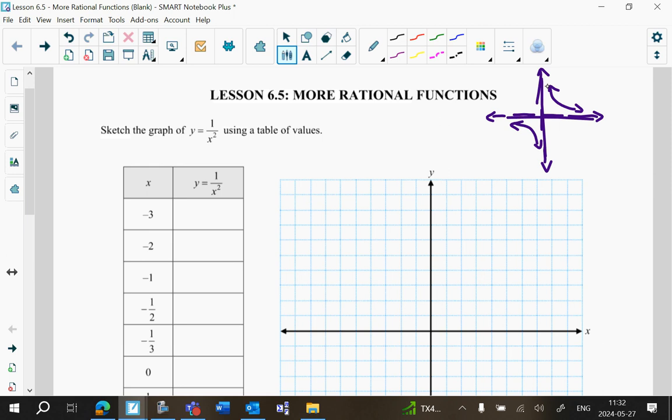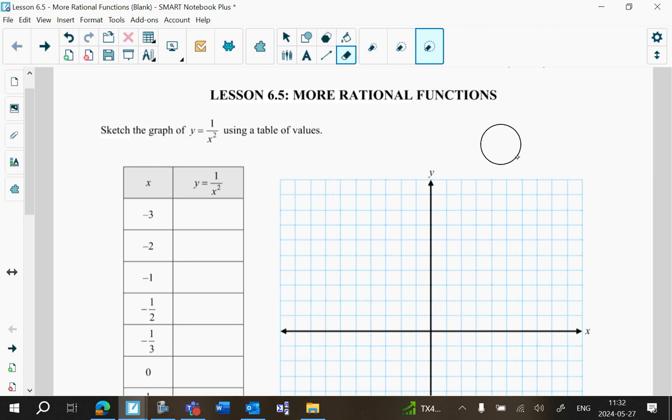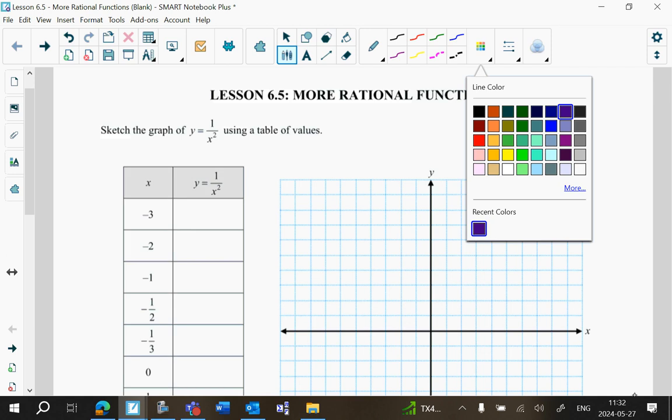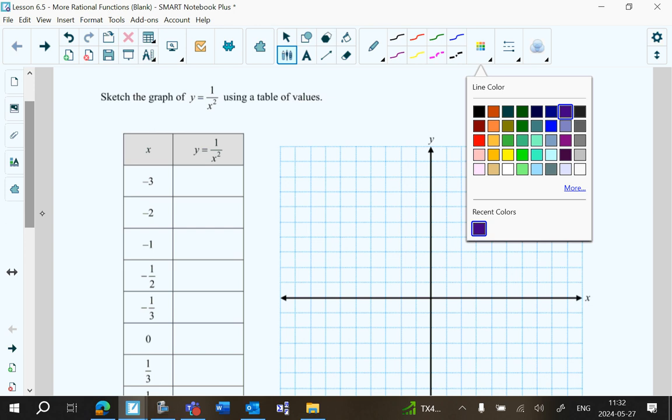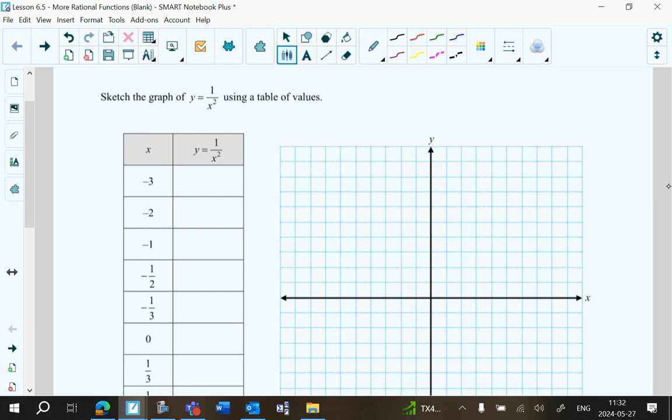But what happens if it's an x squared? Well, if you think about it, okay, remember when we graphed the previous ones, we did the horizontal asymptote, we did the vertical.